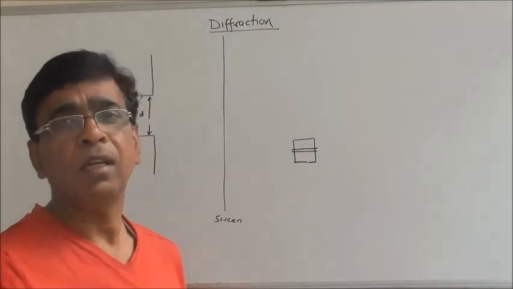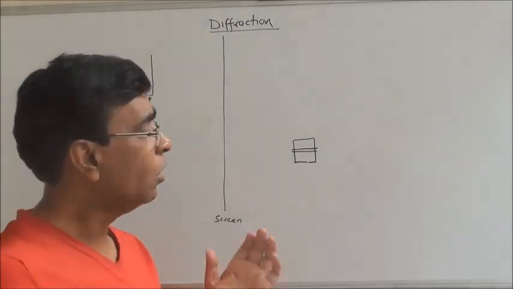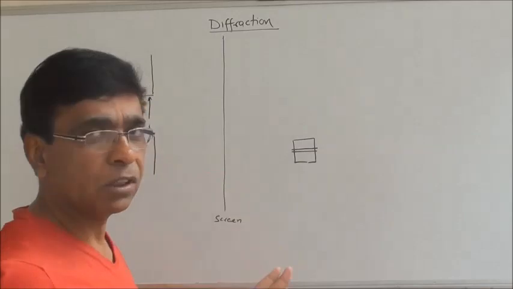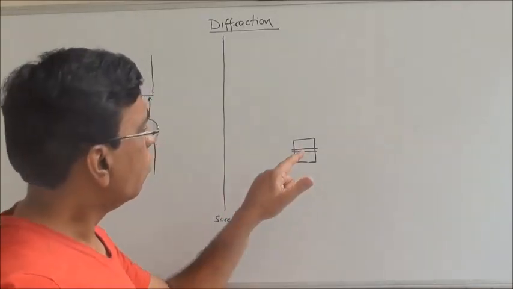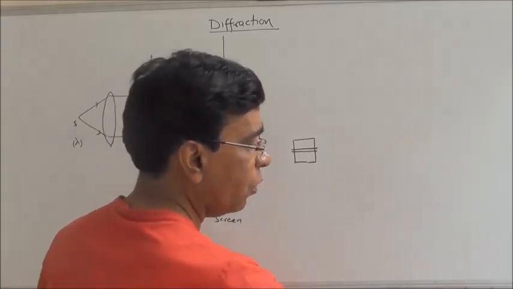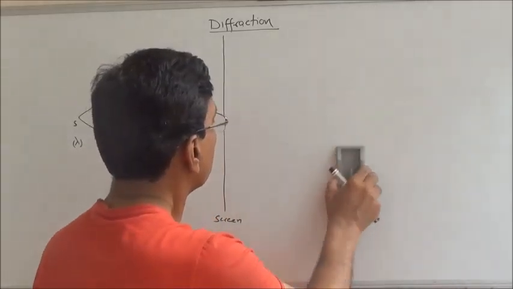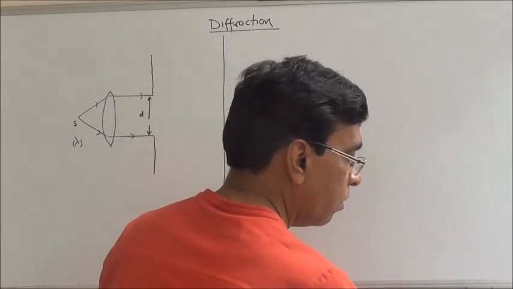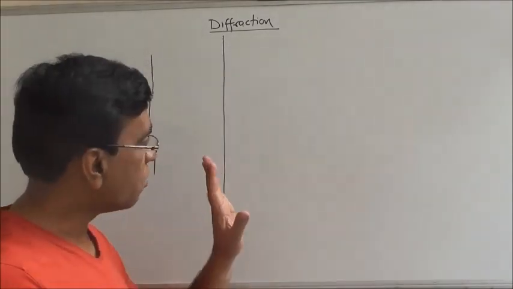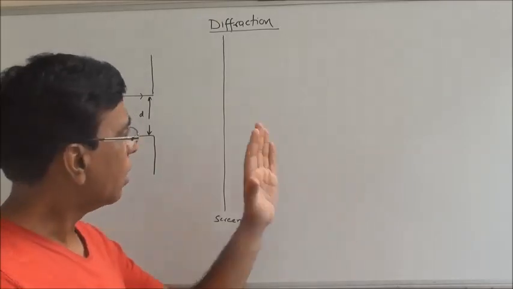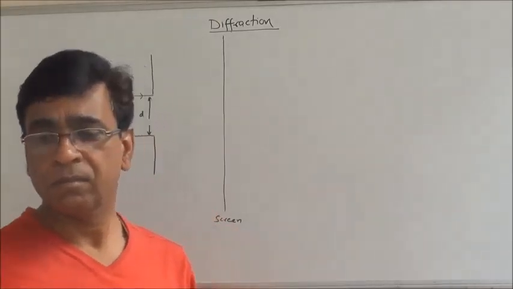For a monochromatic source, a laser torch is the best available. So you can use a laser torch. When you pass it through this, we get a pattern with a lot of maxima and minima. Just observe the activity that I am showing, and then we will come back to it.